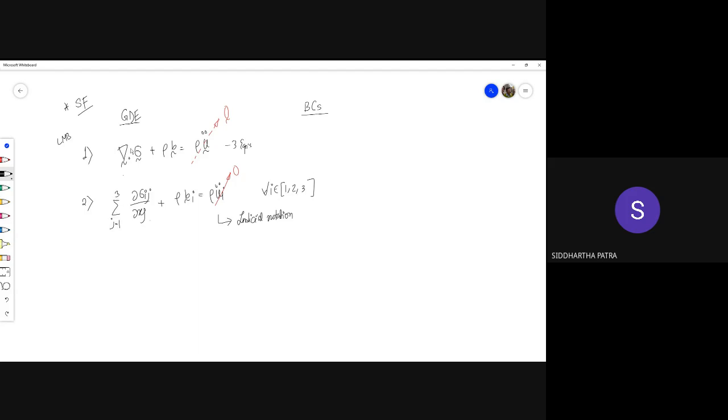So what do we know? That you had a matrix sigma, the Cauchy stress, whose individual components were ij, where i would indicate the direction in which the traction is acting, and j would indicate the direction to which the plane is normal.